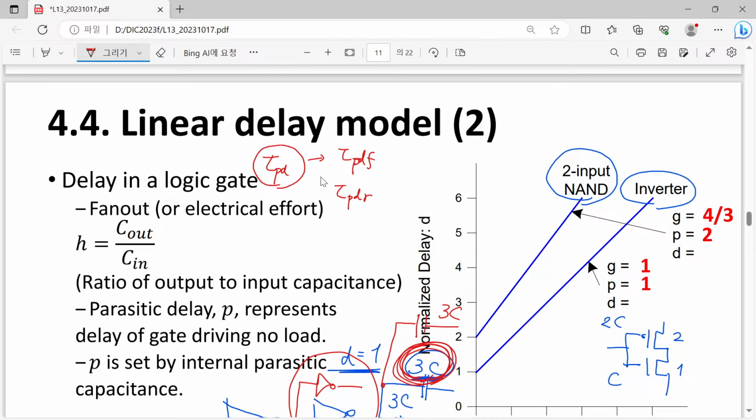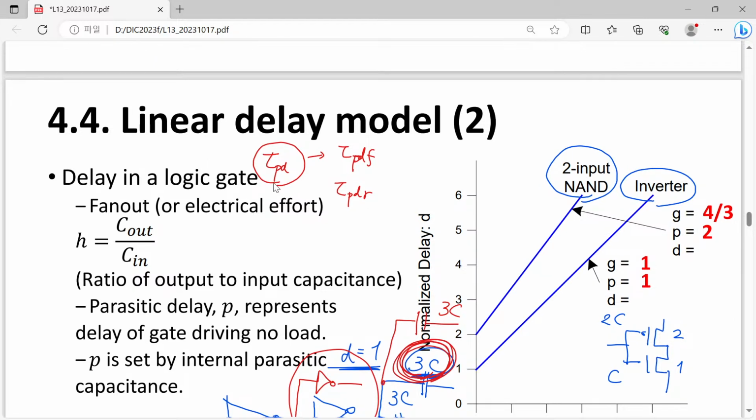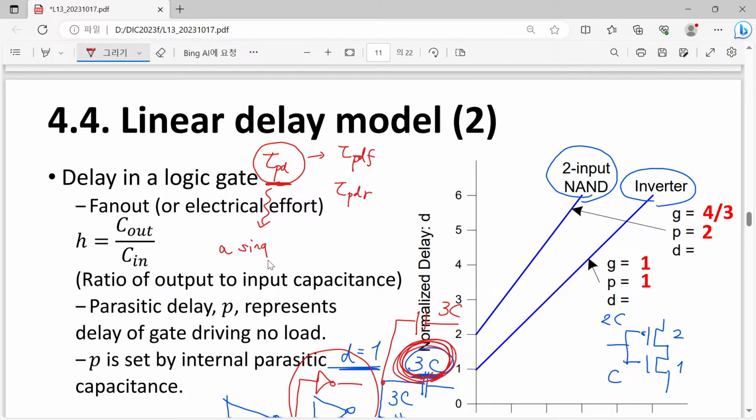But accurate calculation of this tau PD will be very difficult. So instead, we introduce a single time constant approximation. Let's come back to our previous example.